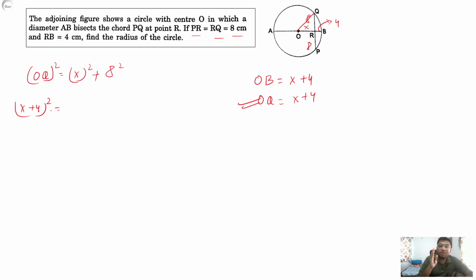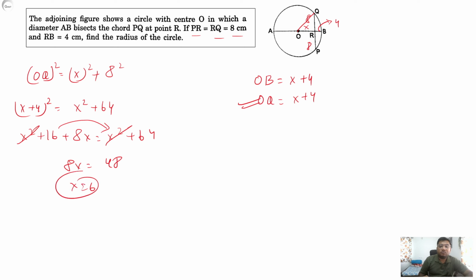Be careful, write it as x plus 4 whole square. Then you should also be able to see a plus b whole square coming into the game. This is equal to x square plus 64. I'll expand it. I'll get x square plus 16 plus 8x is equal to x square plus 64. x square cancels. I have 8x is equal to 48. I'll take the 16 that side. I'll get x is equal to 6.